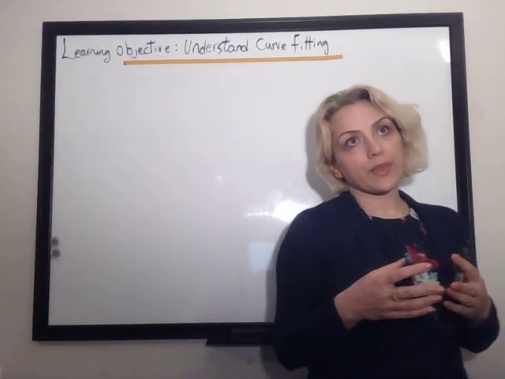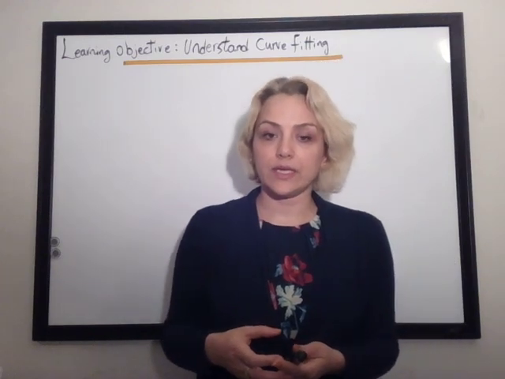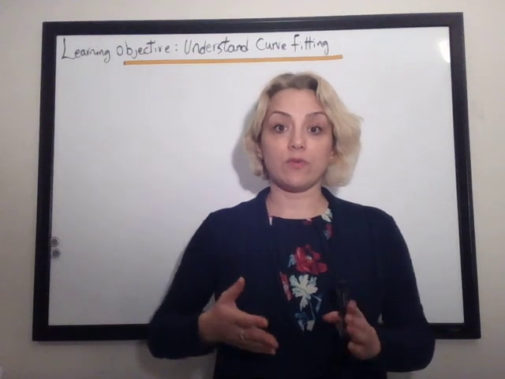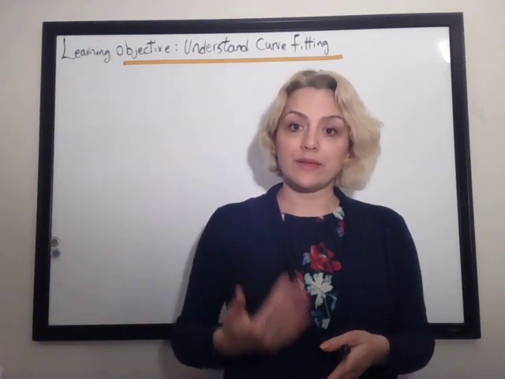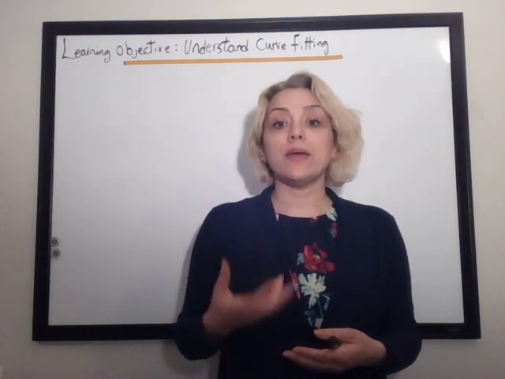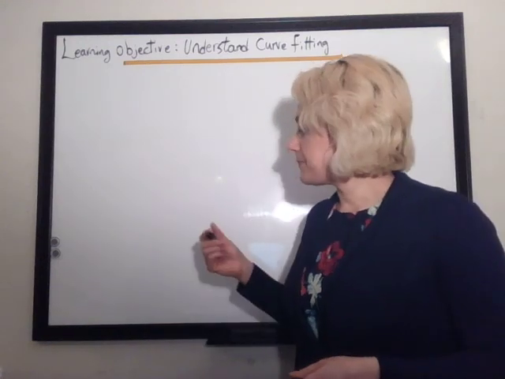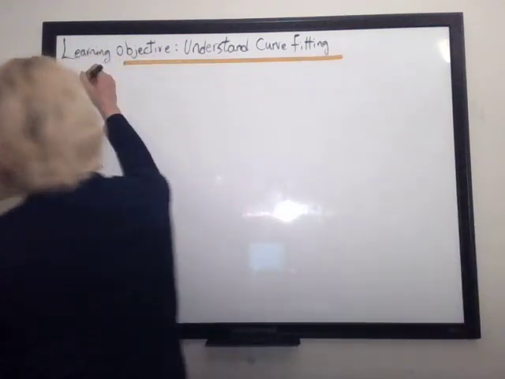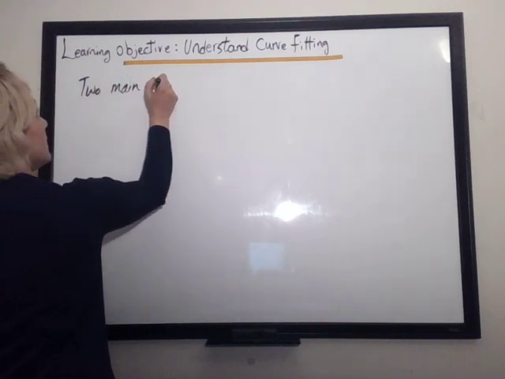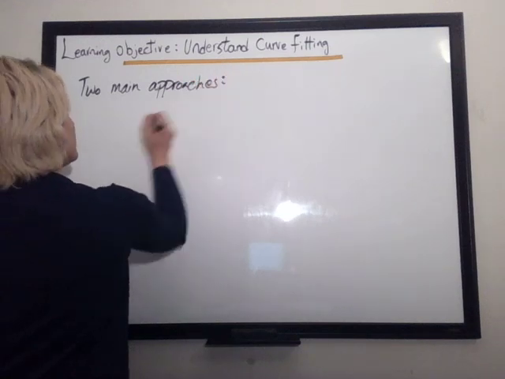Now, let's talk about the two main approaches that we have for curve fitting. Essentially, one of them is that we want to find a straight line that best describes the trend of the points, and the method that we use is least square regression. So I'm going to write down here: we have two main approaches.